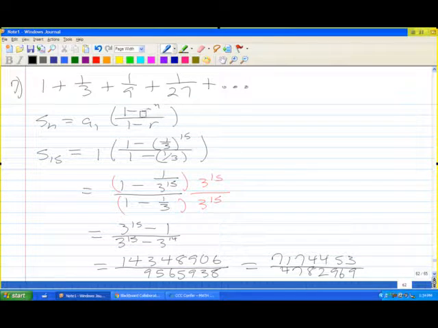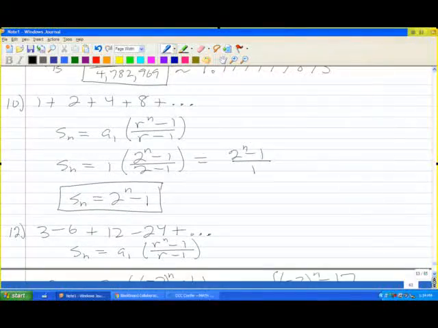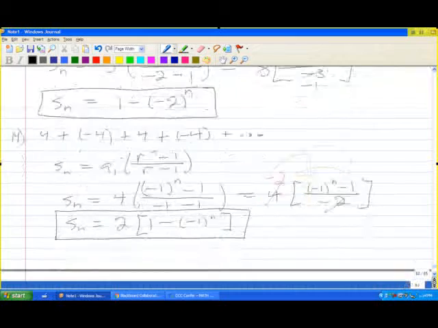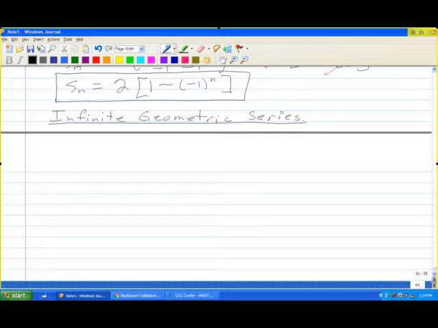And so as n goes to infinity, as long as r is small, this term will be insignificant. And so we have a value for an infinite geometric series. Let's find the formula for that.